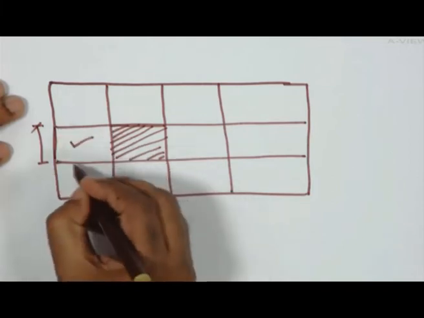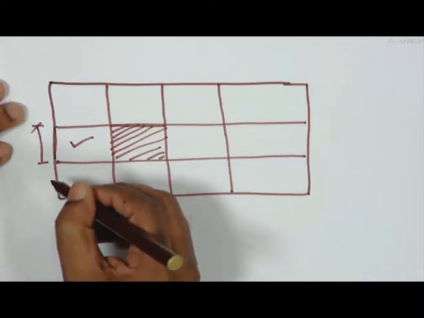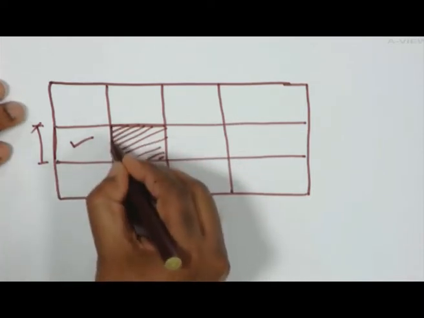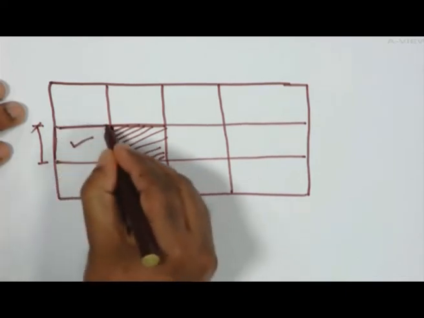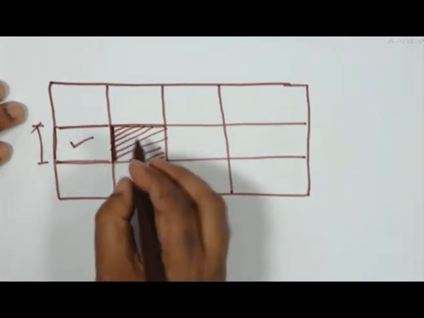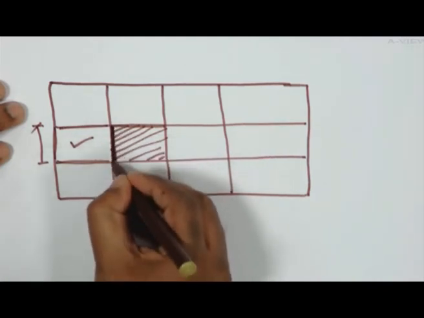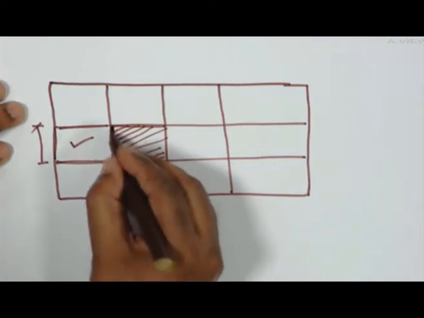That means this is the panel, with one short edge continuous. This is the longer side and this is the shorter side.